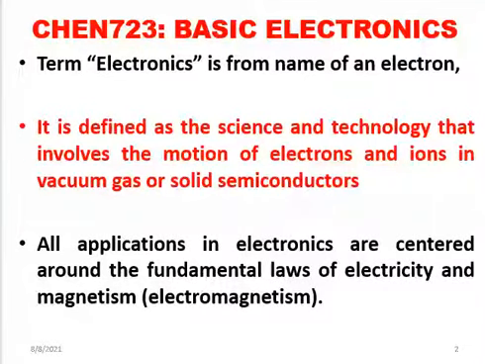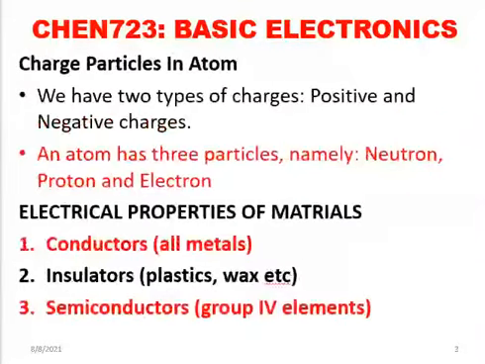So all this electronics engineering or technology is implemented based on the fundamental laws of electricity and also the laws of magnetism, as we are going to see when we go into the course. Now, as I have said, the electron is one of the three particles of an atom, and it is negatively charged.